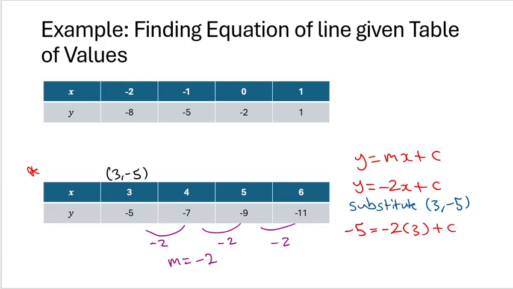And then you just got to solve for c, okay? So -5 equals -6 plus c. What you're going to do is apply the inverse operation of +6 to both sides. So you end up with c equals +1 again. That means my rule is actually y equals -2x plus 1. And that's my final answer right there, okay? That's all it is.